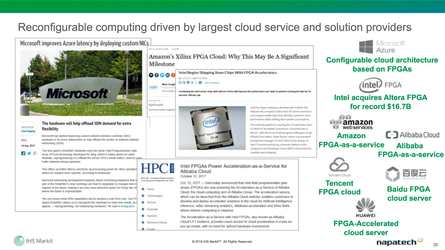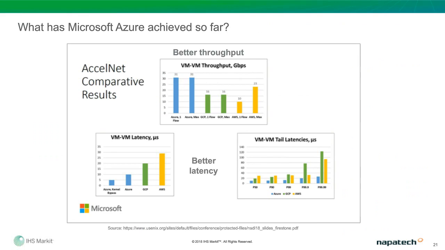But if we look at why they're doing that, this is just showing some results that Microsoft presented earlier this year at NSDI, showing their throughput and latency compared to competitors like AWS and others. And you can clearly see, they're the blue lines on this graph, they're getting better throughput and better latency for their services by using this approach.